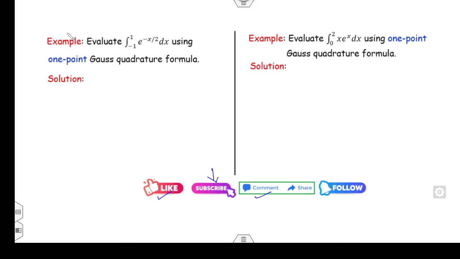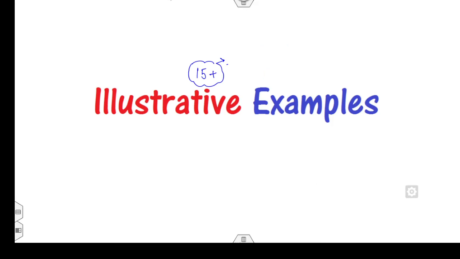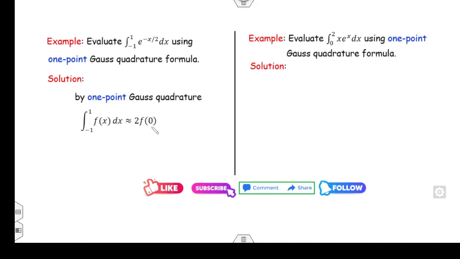Now look at the first example. You have to apply the 1-point Gauss quadrature formula. Remember, the integration limits must be -1 to +1, and that is already the case. Once the limits are there, we can apply the Gauss quadrature formula directly as twice f of 0.